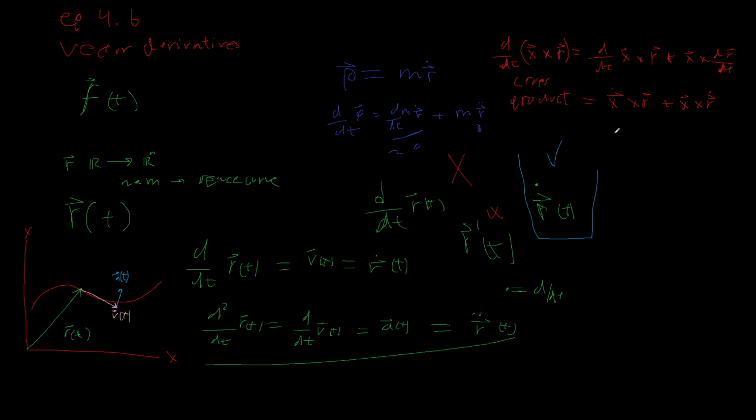What happens if we take the dot product, d over dt of a dot b? This is really important when we do angular momentum and angular motion.